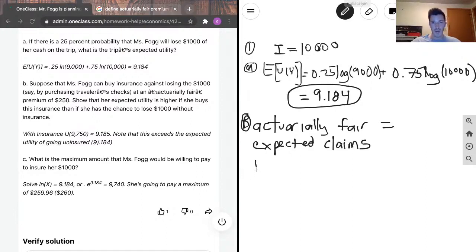So in this case, we're not writing expected utility of Y, because we know what the utility is going to be. He is going to have $9,750 for his trip.